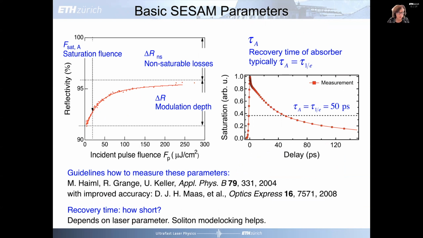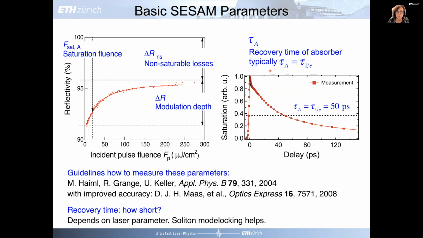And in the fully saturated regime, where we typically operate, we have a certain modulation depth, which is on the order of percent, multiple percents. And then we normally have some non-saturable losses, and this we need to minimize to optimize the performance.